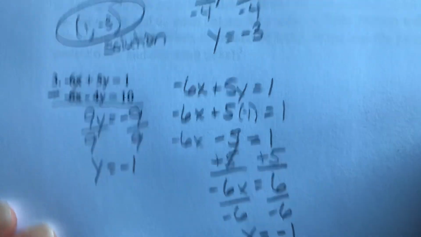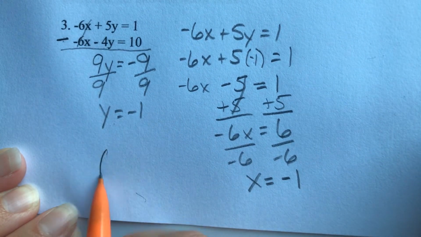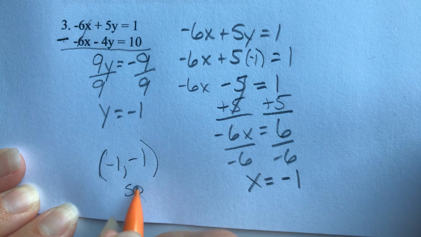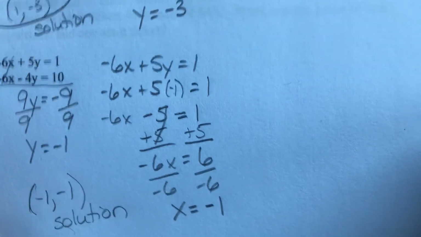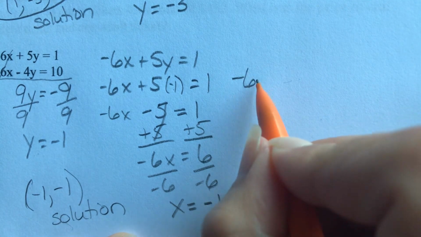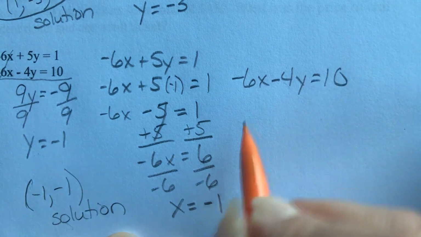I believe my answer is negative 1, negative 1. Let's check it. I'm going to use the bottom. Negative 6x minus 4y equals 10.